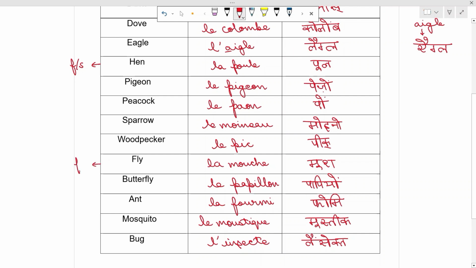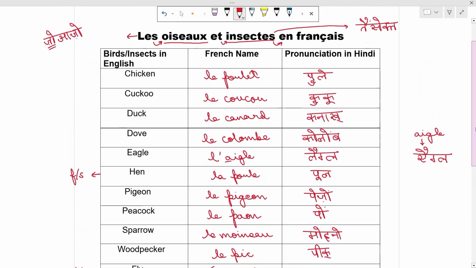This is also feminine singular, which is why I have used the definite article la. La mouche, le papillon, la fourmi, feminine singular. Le moustique, l'insecte. So these are the pronunciations.